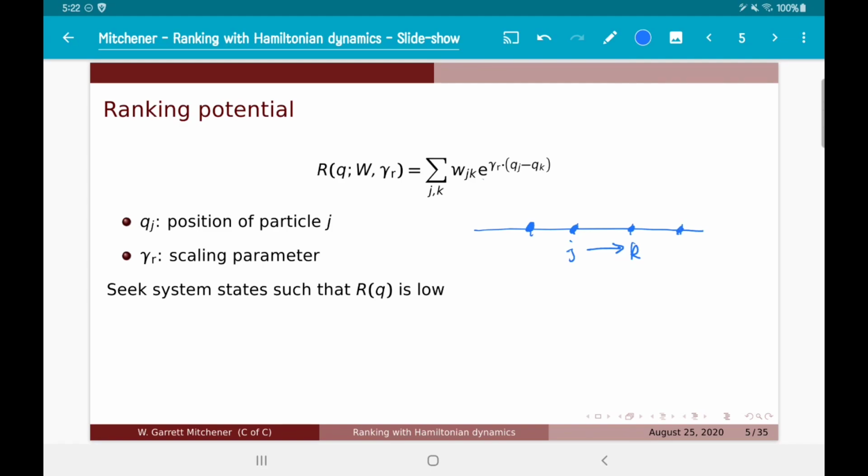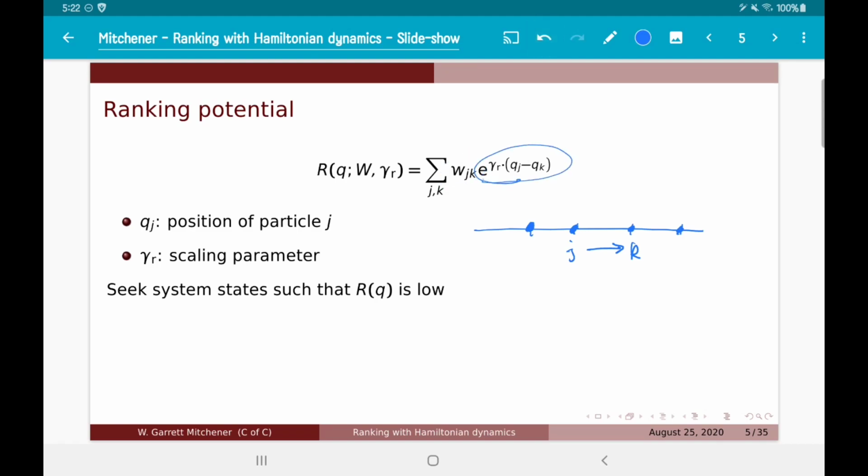So if the comparison data has some sort of contradictory information in it, the forces will have to be balanced out somehow or another, and the dynamics will change depending on how that happens. The particular form of the ranking potential is this linear combination, weighted by entries in the comparison matrix, of these exponential terms.